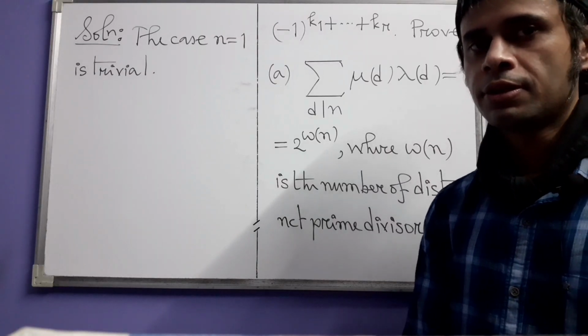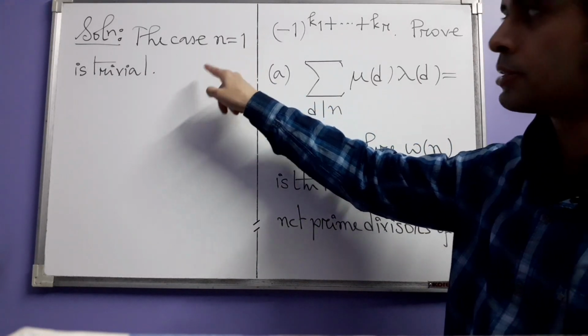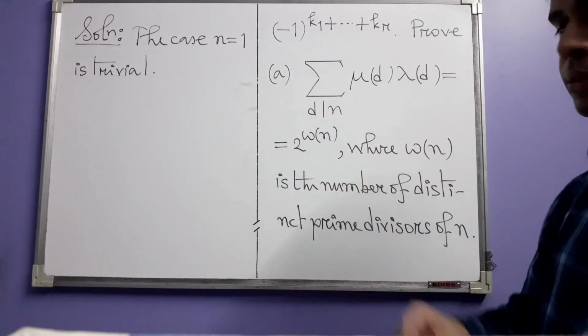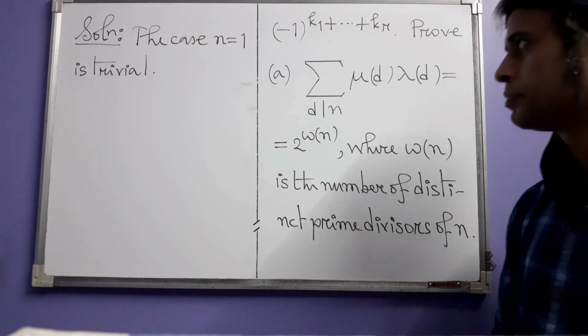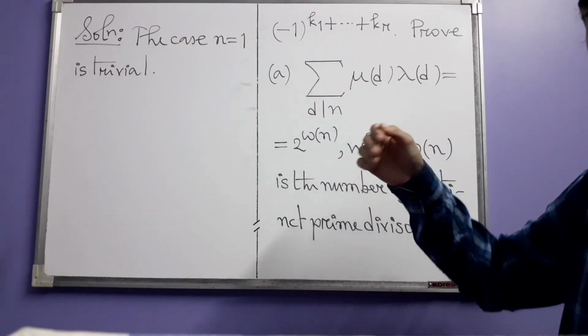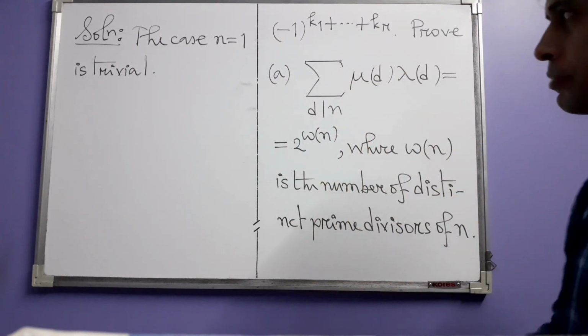We start the solution by considering the case n equal to 1 separately, and our remark is that this case is trivial, that in this case the identity is very easily seen to be true. Let's see how. How many elements does this sum have? Elements means terms. How many terms are there in this sum?